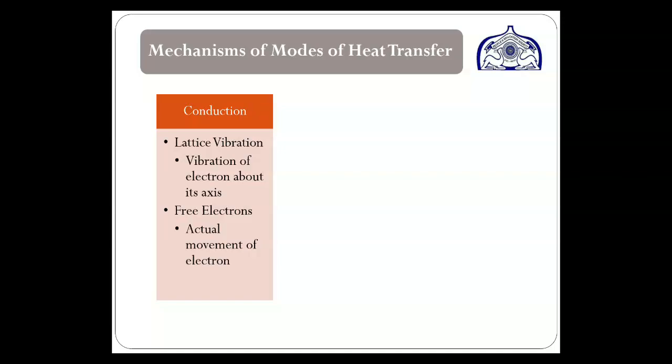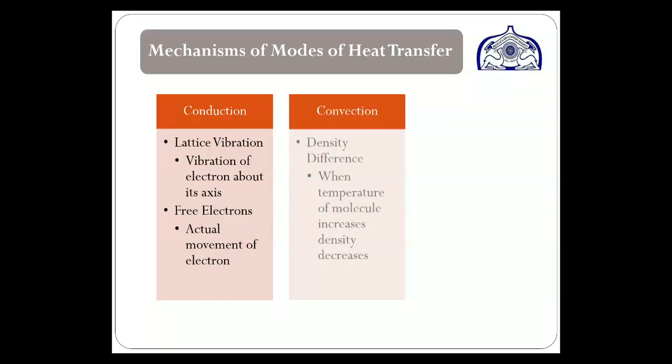And free electrons, that means the transfer of free electrons from one point to another point. These are the two carriers of the heat transfer in conduction. Heat is transferred in a substance due to conduction by these two mechanisms.